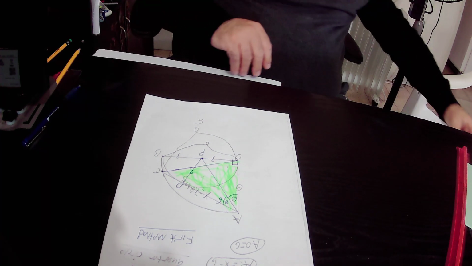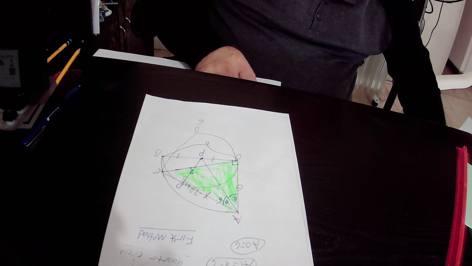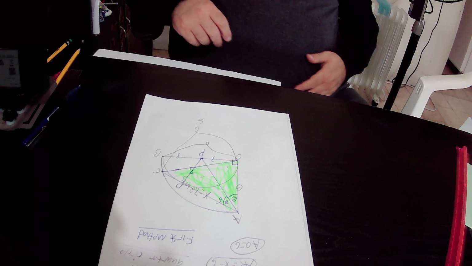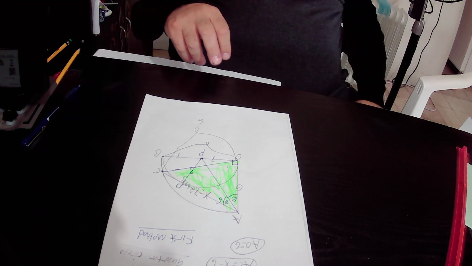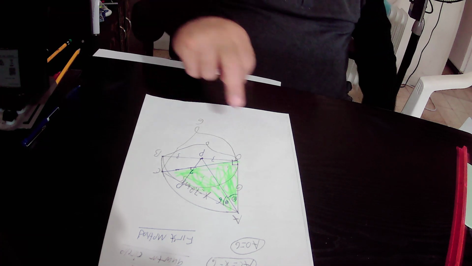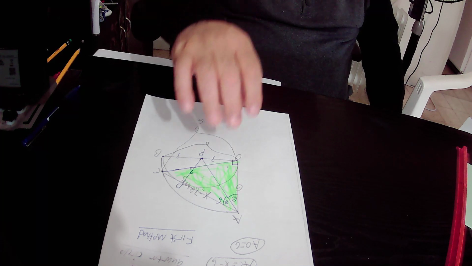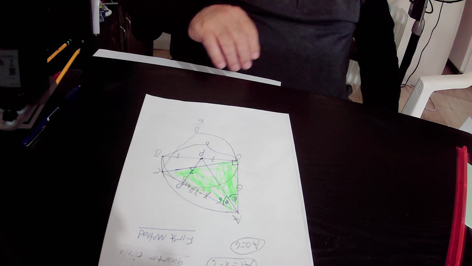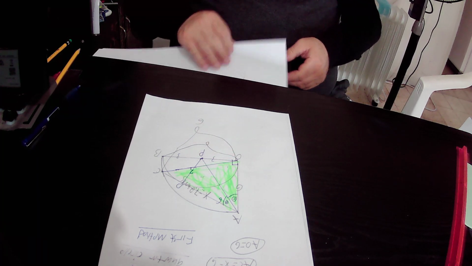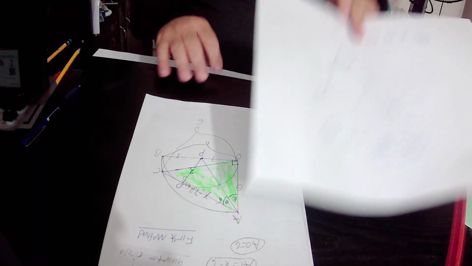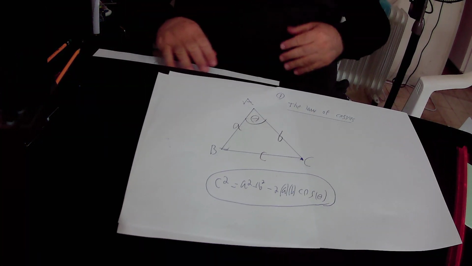Then I presented to you the law of cosines, and we implemented it. We connected points O and C by a straight line, and we implemented the law of cosines in the great triangle, triangle AOC. First of all, what is the law of cosines that I mentioned in the previous lecture?